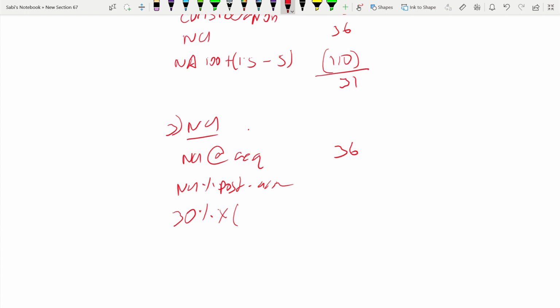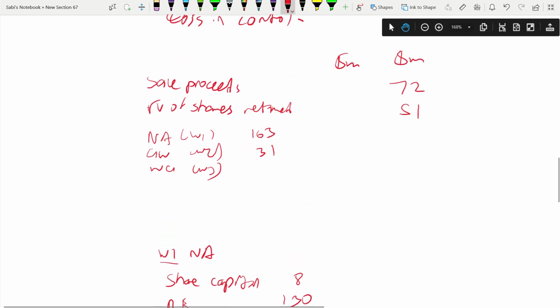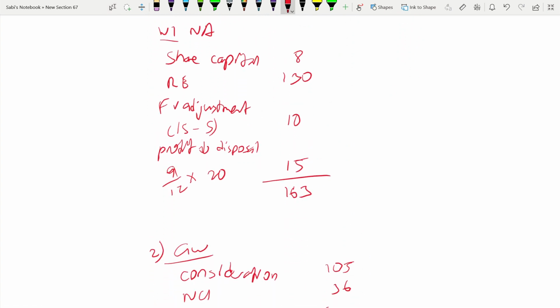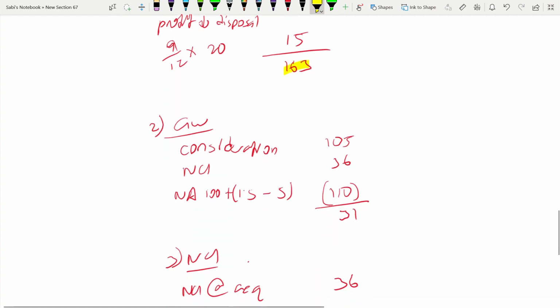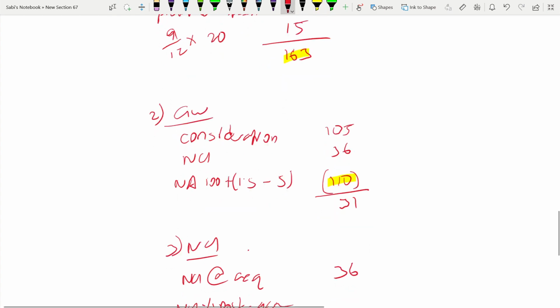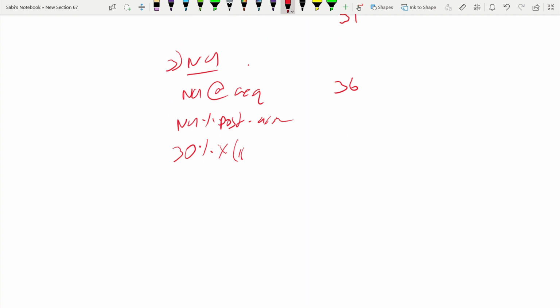See, they've already given you here. You see NCI at disposal, just now we have calculated in working 1, 60. I will highlight it for you. 163. This is at disposal. Then this net asset is at acquisition. So you have to take this. The difference between these two is your post acquisition profit. 163 minus 110.